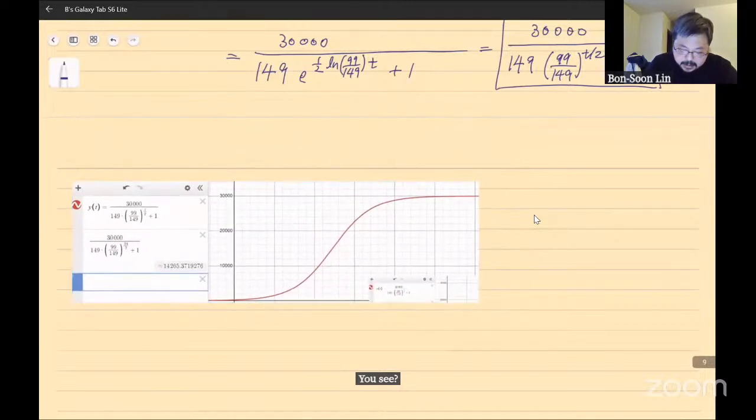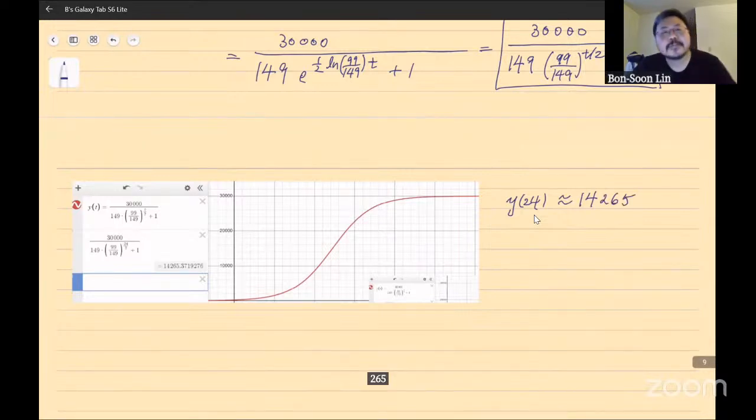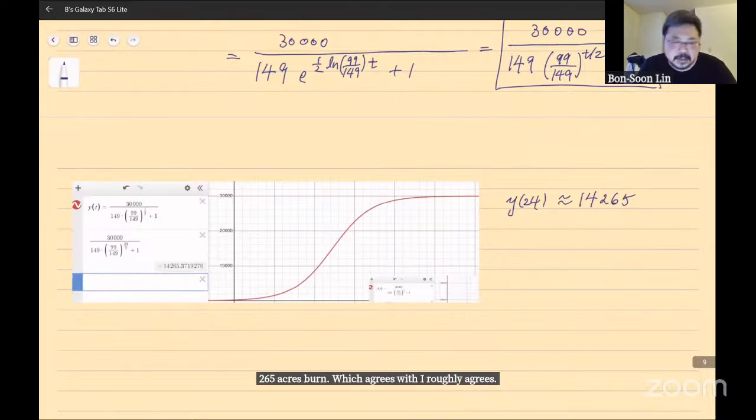Okay. So we saw that y of 24 is roughly 14,265 acres, which agrees with what is seen, right? Roughly agrees, right? It's in the same order of magnitude.